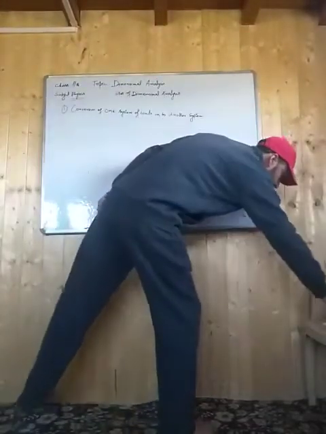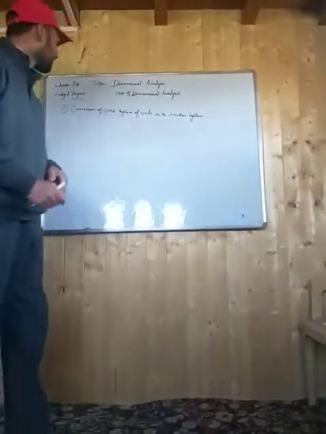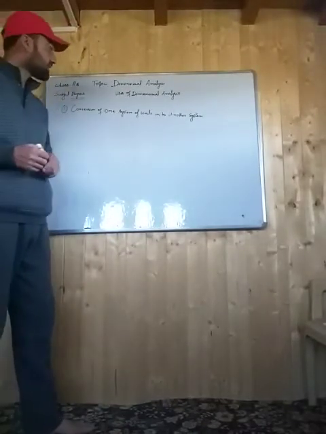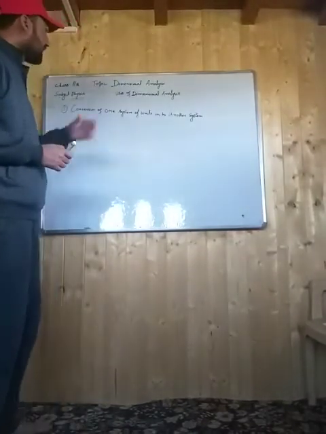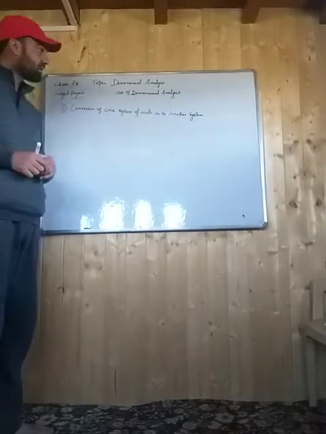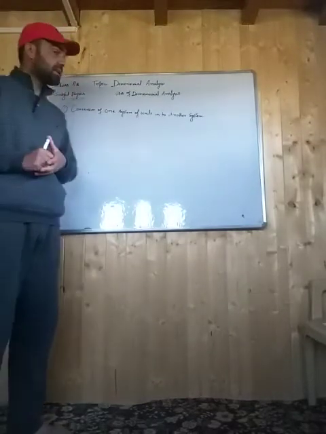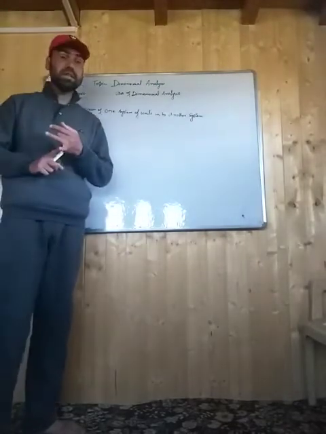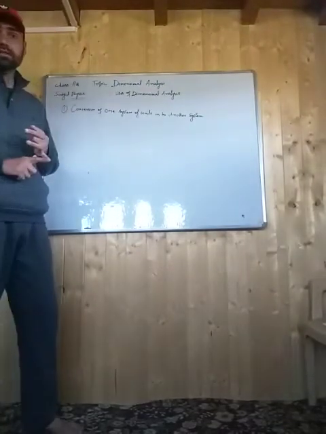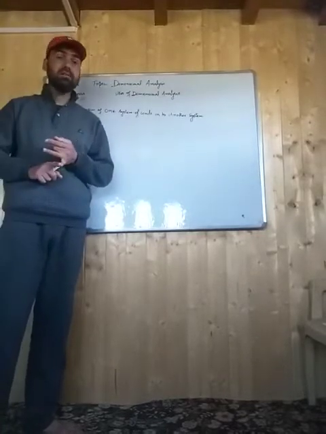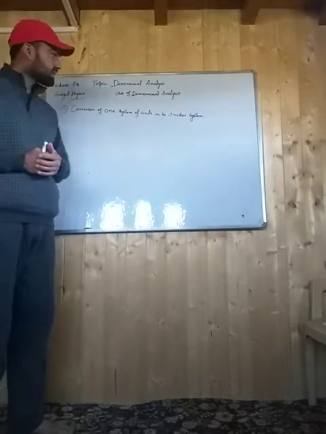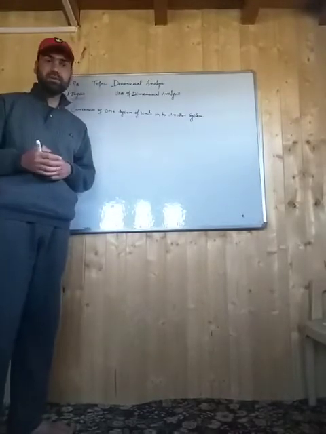First of all, we will derive the expression for the conversion of one system of unit into another system. In the previous lectures, we have learned the basics of dimensional analysis: physical quantity, fundamental quantities and units, derived quantities and units, system of units, 7 fundamental quantities, supplementary units.